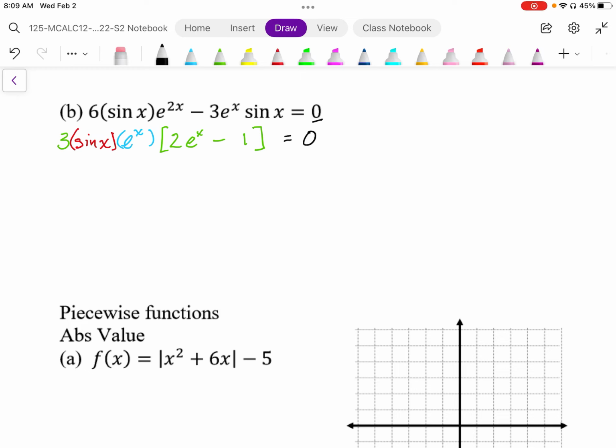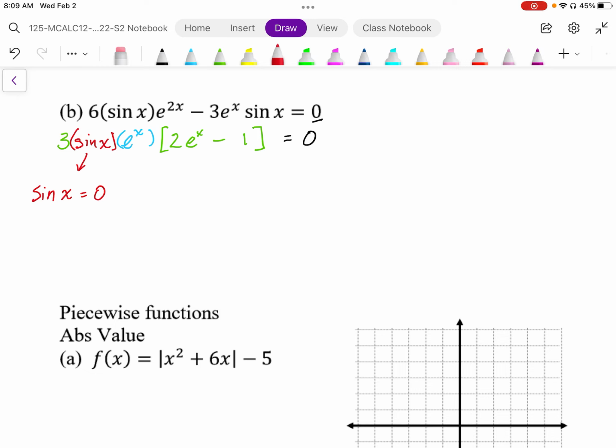Again, it's important that it's equal to 0 because now, since it's equal to 0, each factor can be solved independent of each other. So when I take a look at the sine x, I can say that sine x is equal to 0, and I can solve that.